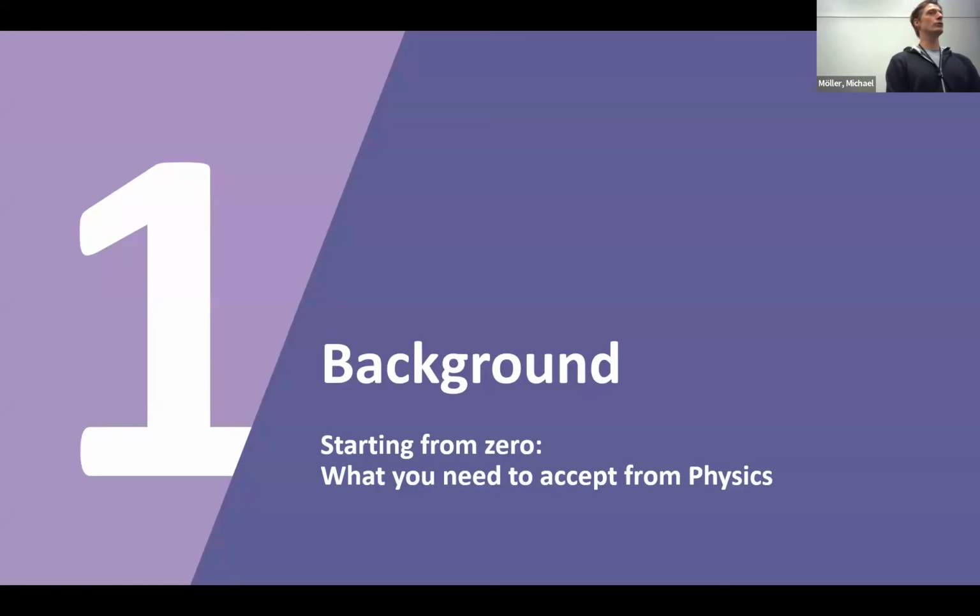I really want to start from scratch here as being the first speaker. And assuming many of you don't have a background in quantum computing, I thought I'd start, well, where I started 3 or 4 years ago, at basically zero knowledge about quantum computing.